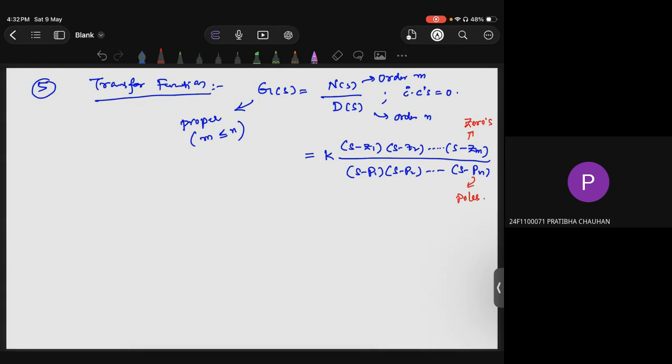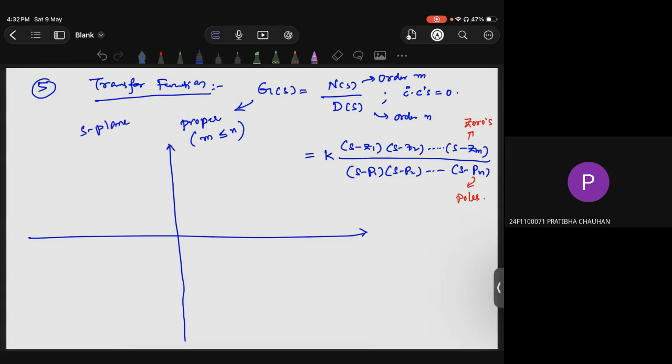Based upon the zeros and poles, we can talk about the stability, which we know already, right? So what is the structure we would use to talk about stability? We take this S plane. We have the real part of the S plane and the imaginary part of the S plane, or we can also call it the j omega axis.